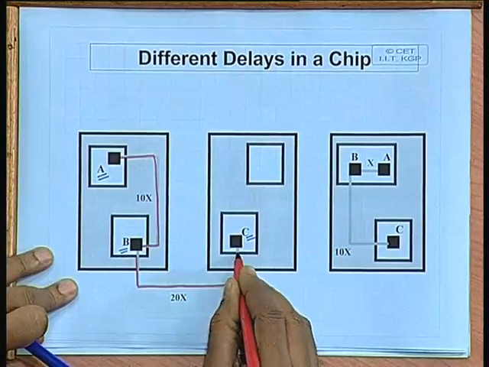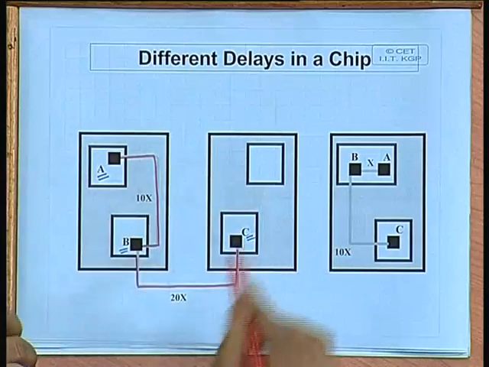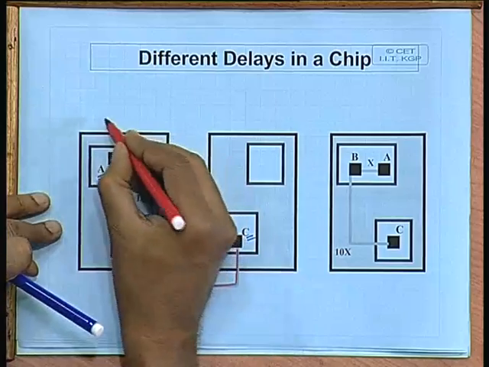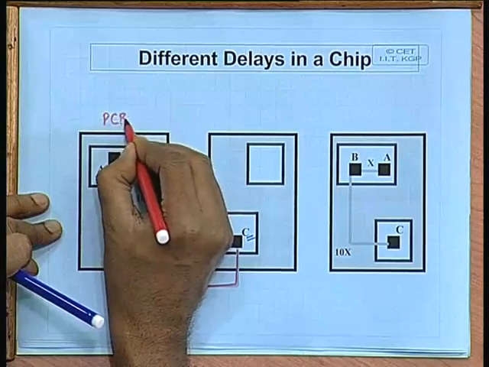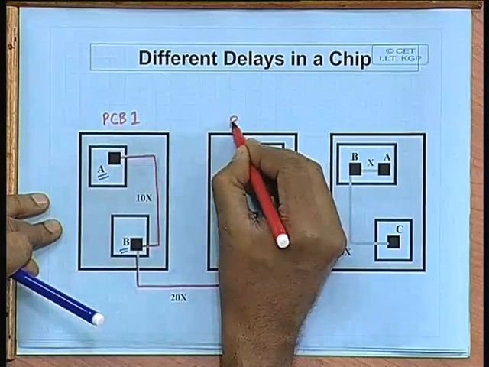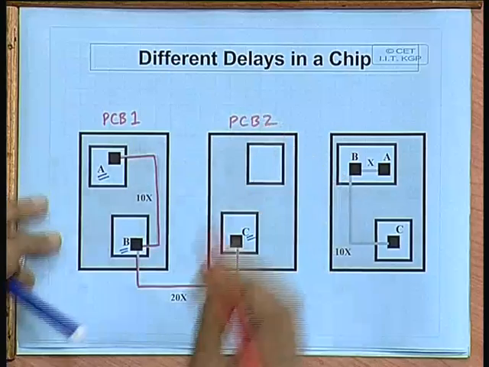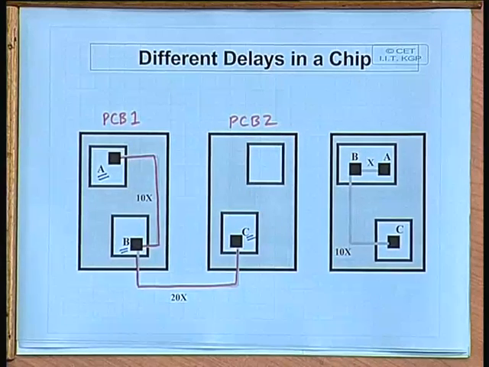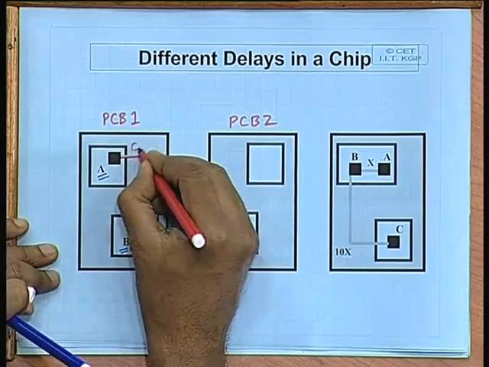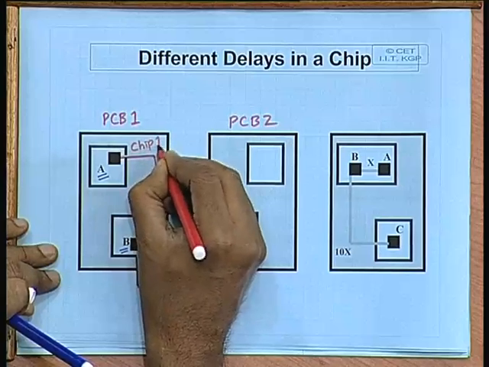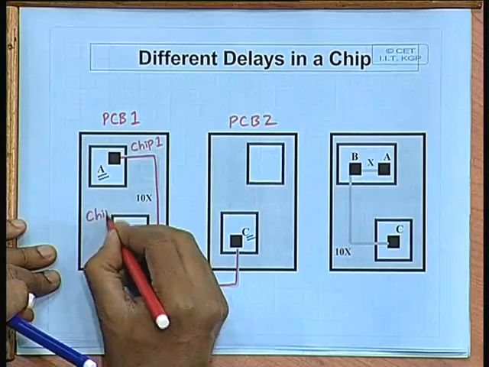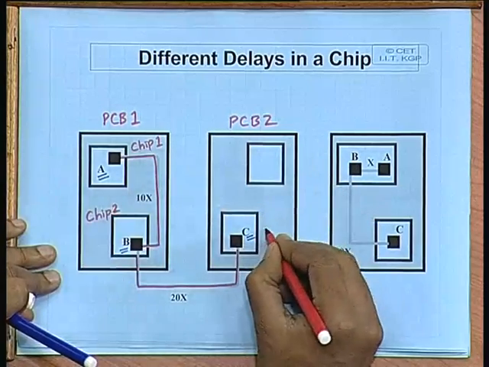Suppose in the initial solution, this diagram shows the initial solution, these are the 2 printed circuit boards, this is PCB 1, this is PCB 2, and inside the PCBs these are the different chips, this is chip 1, this is chip 2, and in this PCB this is some other chip, chip 3.